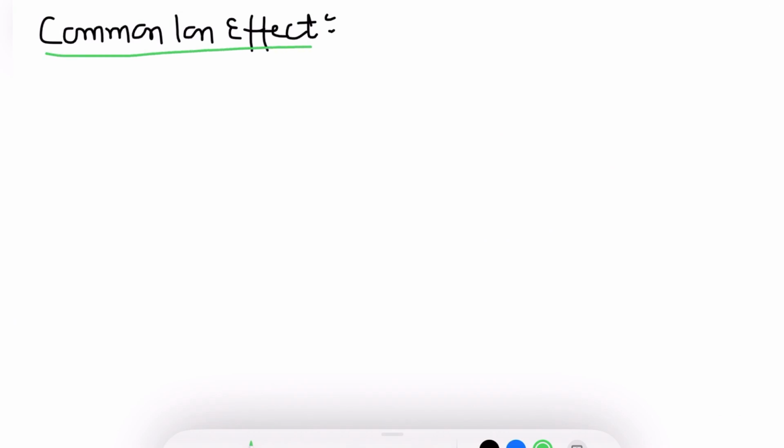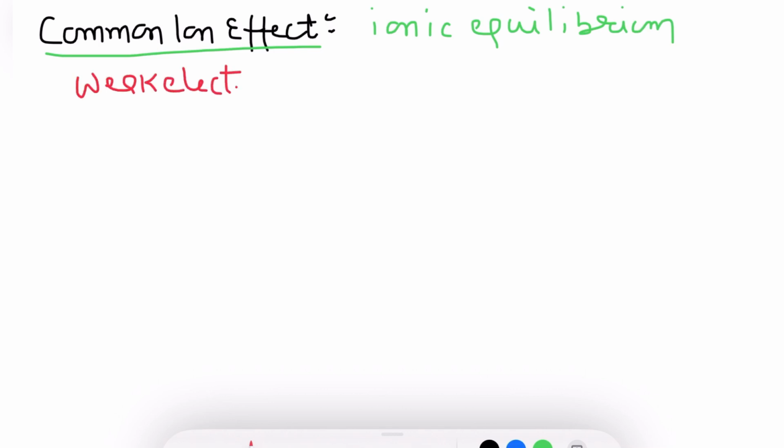Common ion effect. This concept we study under ionic equilibrium in grade 11. So what is a common ion basically? Suppose to the solution of a weak electrolyte, I'm simply taking the simplest example of acetic acid here, an organic or weak acid, we add a strong electrolyte having a common ion.